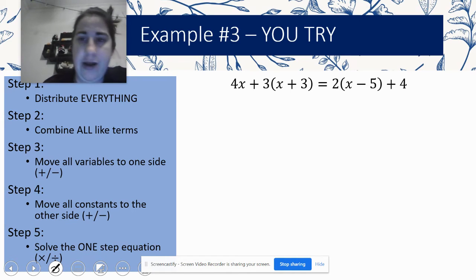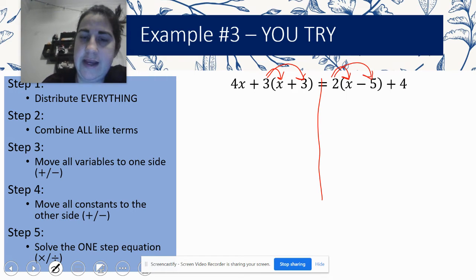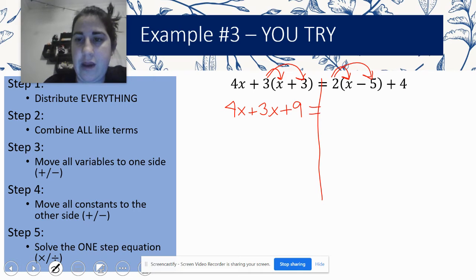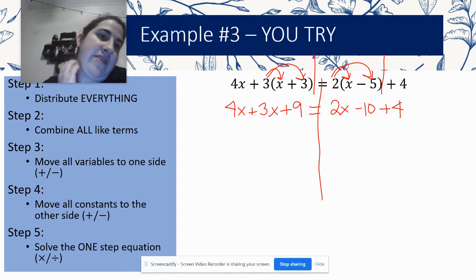Make sure I have the pen on. I'm going to distribute, get rid of the parentheses on both sides. So I'm bringing down my 4x plus 3x plus 9, and then 2x minus 10. Don't forget you are only distributing what's inside of the parentheses, and you have to stop at the end of the parentheses.